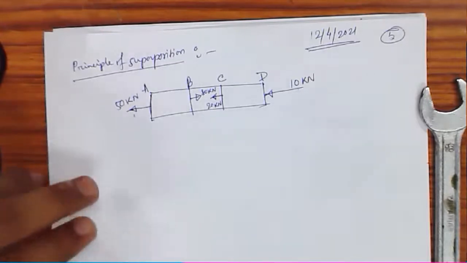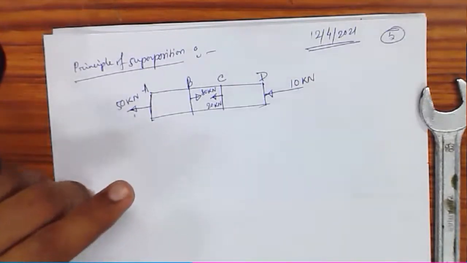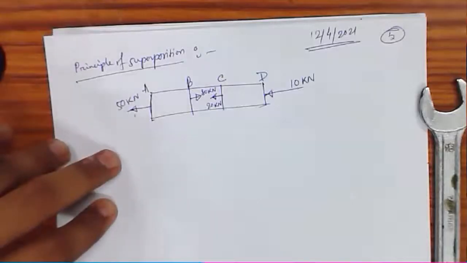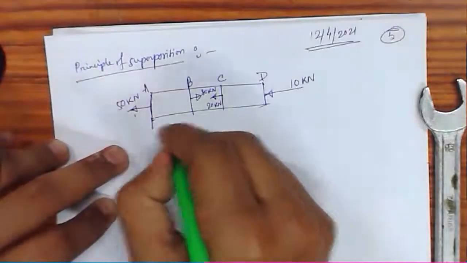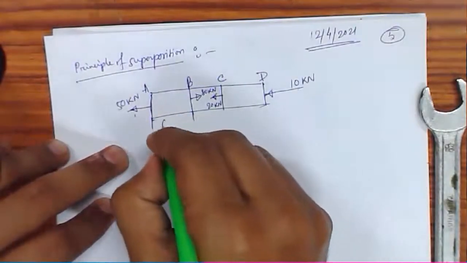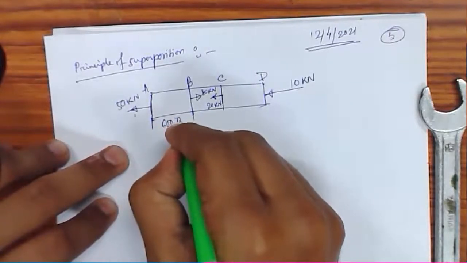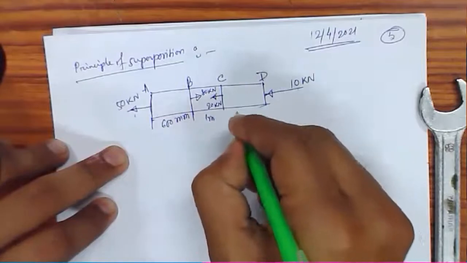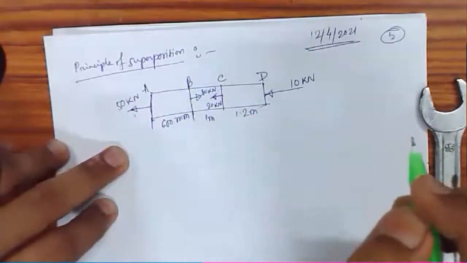Now, here in this problem, this is a well balanced problem. The lengths of these sections will be given, that is 600 mm, this is 1 meter, this is 1.2 meter.